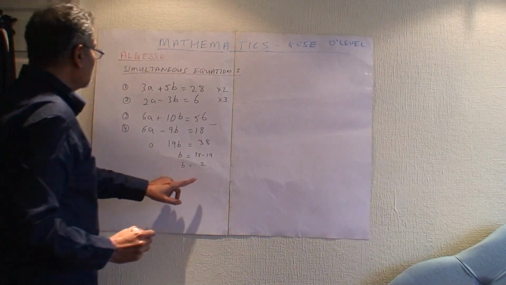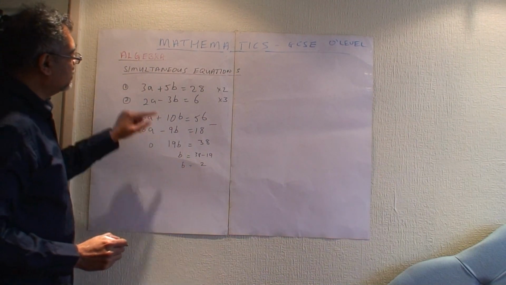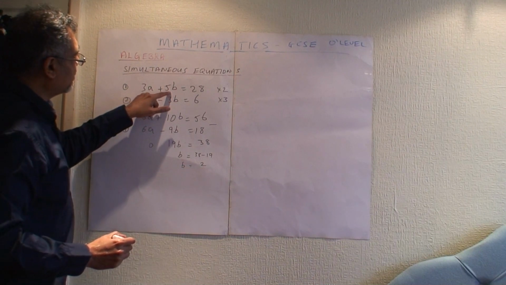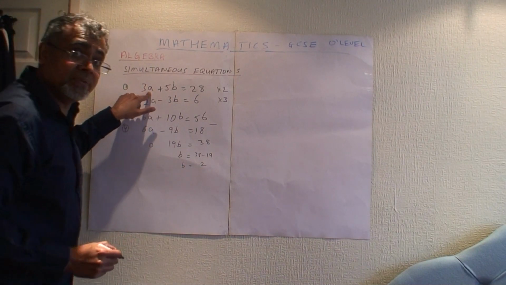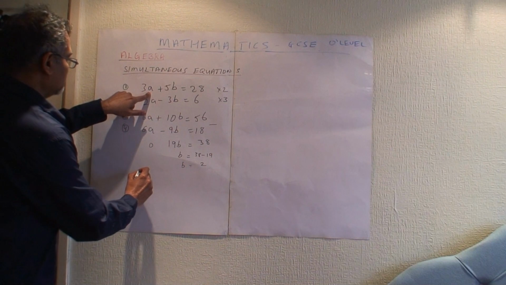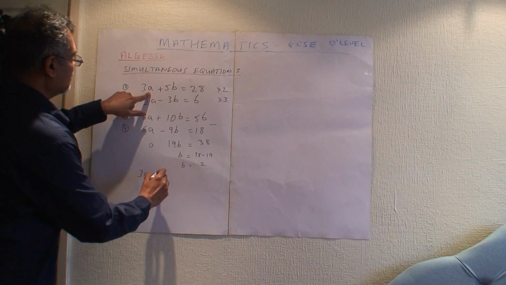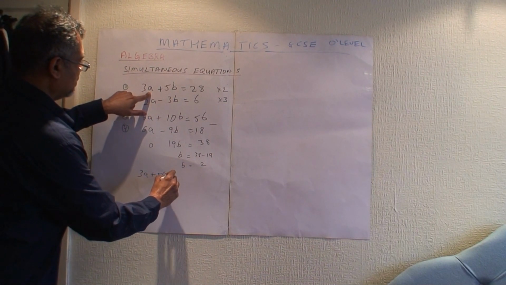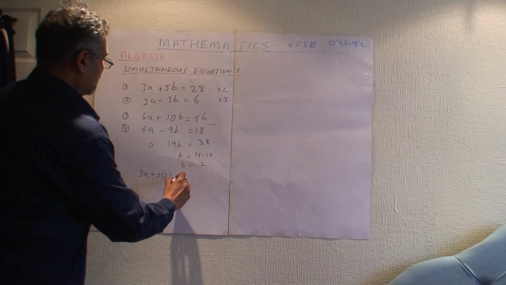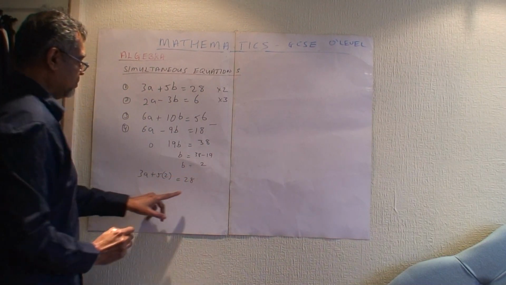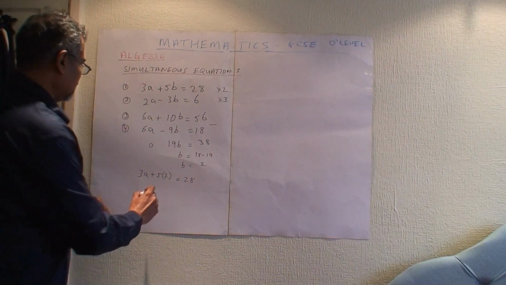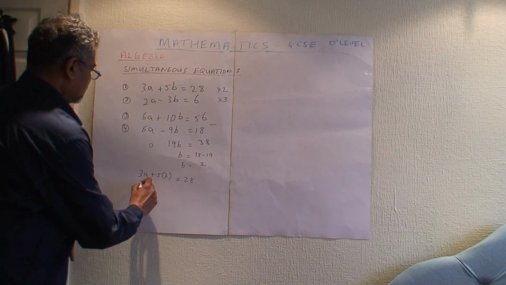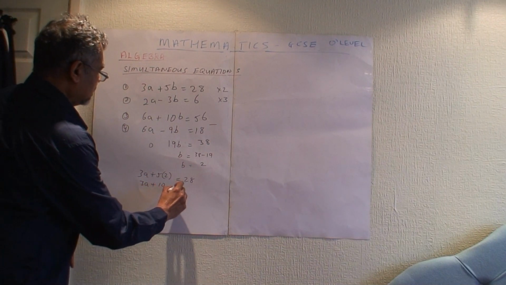Okay, so we know the value of b is 2. So we put the value into here to find the value of a. So we have 3a plus 5 multiplied by 2 is equal to 28. So that's 3a plus 10 is equal to 28.